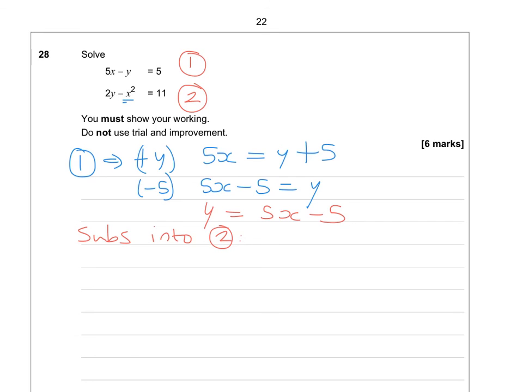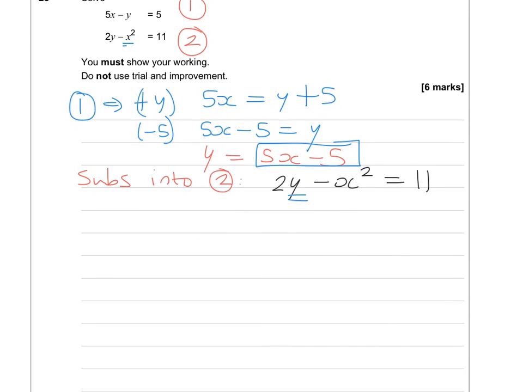So if we look at the format of equation 2, we've got 2y minus x squared equals 11. Now, instead of the y, we're going to replace that with what y is equal to, which is 5x take away 5. So this gives us 2 brackets 5x take away 5 minus x squared equals 11.